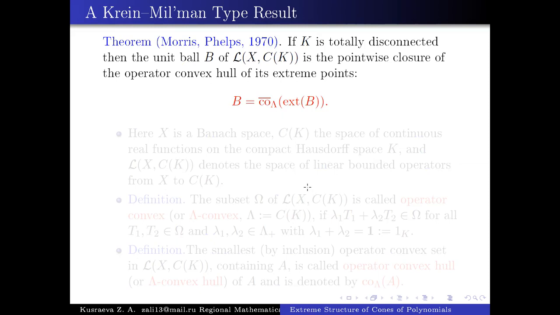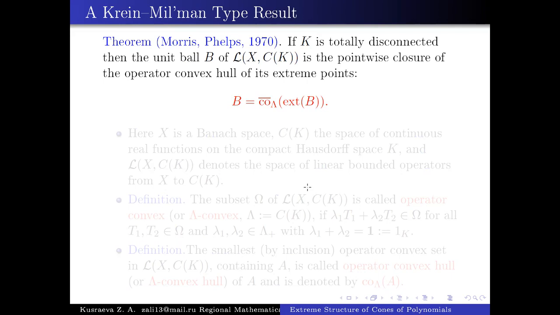So the Krein-Milman type theorem is true for the unit ball of the space of linear operators acting from a Banach space X to the space of continuous real functions on the compact Hausdorff space K. That is, the unit ball is the pointwise norm closure of the set of its extreme points whenever K is a special compact space, namely K is totally disconnected.